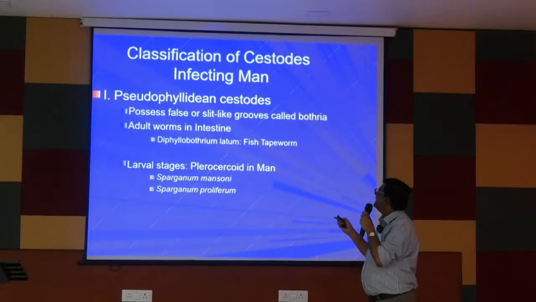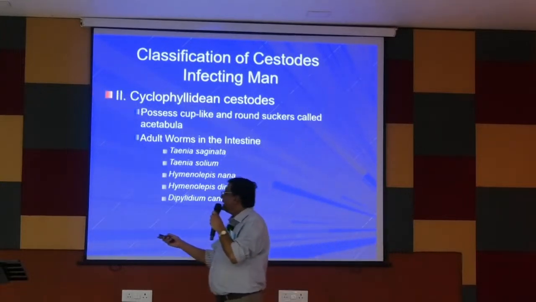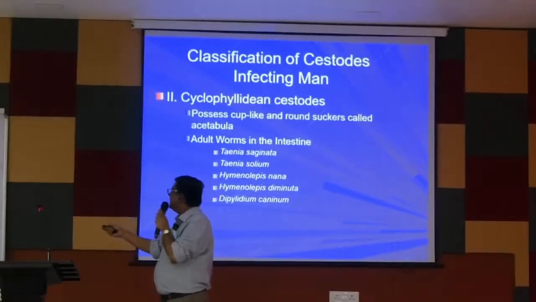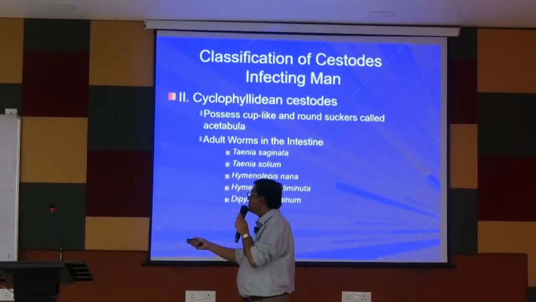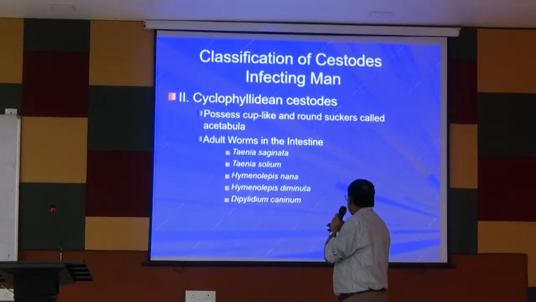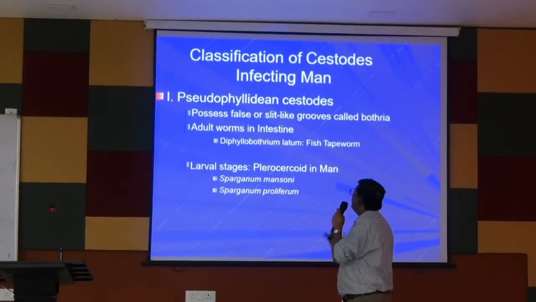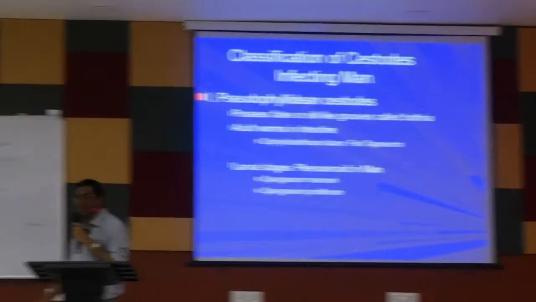The pseudophyllidean cestode, the example is fish tapeworm. You already know that this is the rostellum and these are the suckers. These things are not present in this group, the pseudophyllidean cestodes. So the attachment organ is known as bothria.